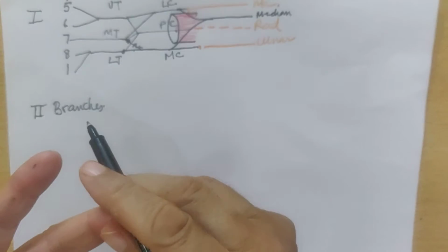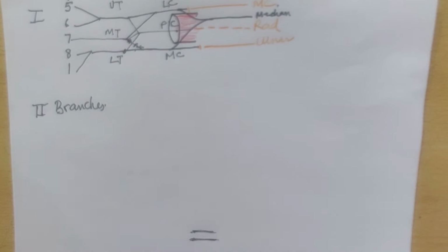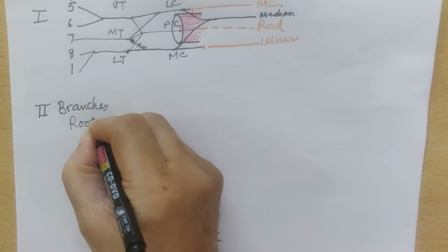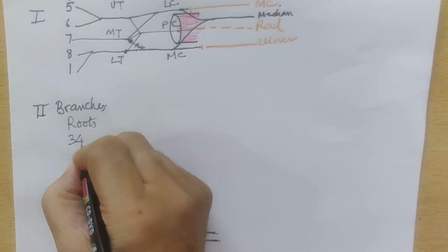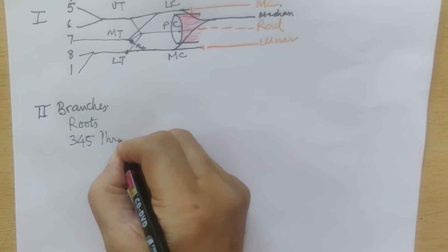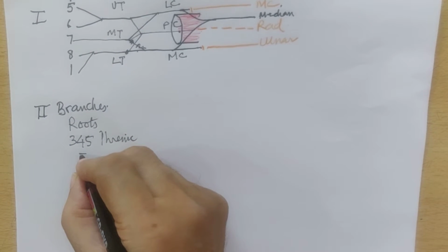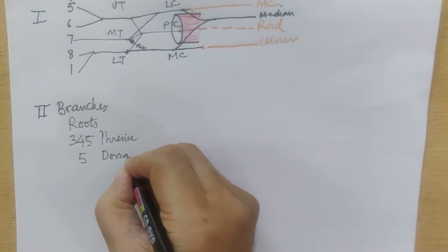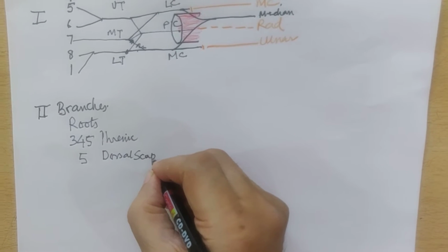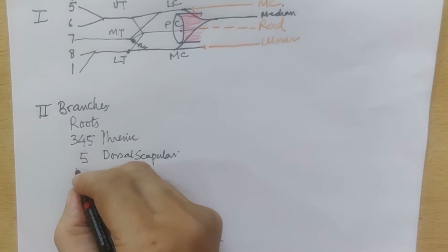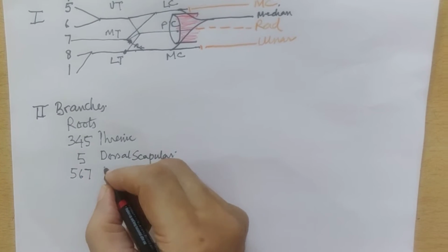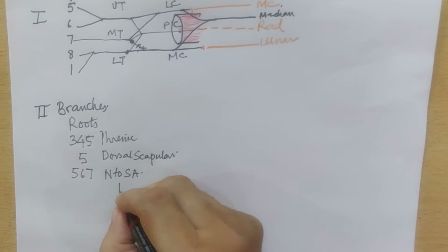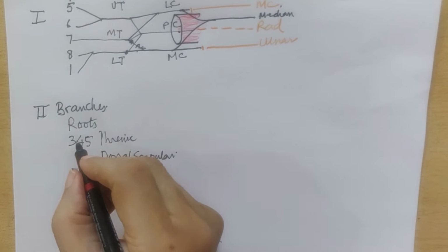So 3, 4 and 5, now the branches of the roots. 3, 4 and 5 phrenic, 5 dorsal scapular, which supplies the levator scapulae and the rhomboids, and 5, 6, 7 the nerve to serratus anterior or long thoracic nerve. So this is roots.